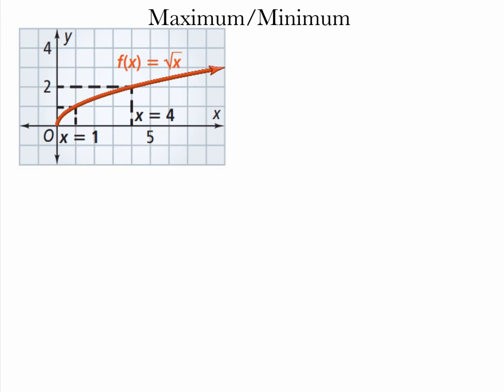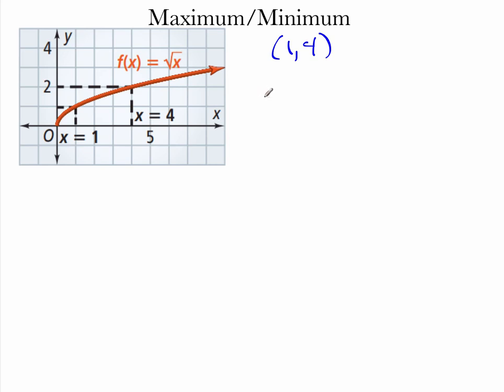Sometimes we're going to want to find maxes and mins. Now when I request a max or min, you're going to have to look at the interval. This interval is 1 to 4. Since the square root function is monotonically increasing, you're going to want to evaluate at the endpoints.